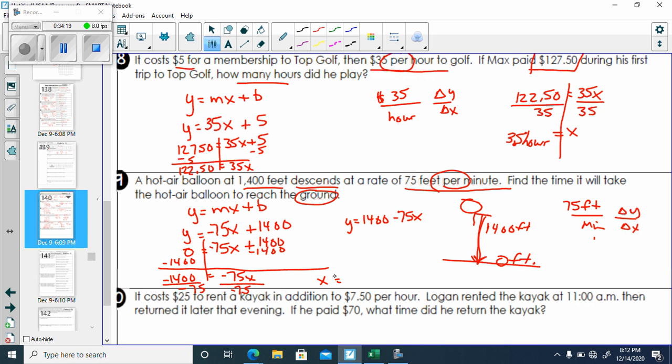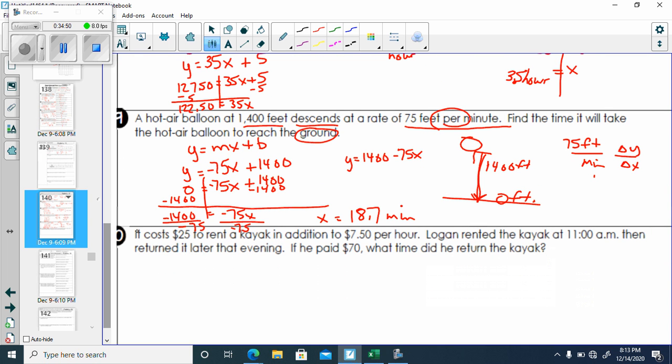X is negative 1,400 divided by negative 75. Is 18.666, and that would round to 18.7. What are my units? Minutes. 18.7 minutes. Okay? Makes sense. You start at 1,400 feet, you're going down 75 feet a minute, 18.7 minutes. Okay? And we're going to skip 10.